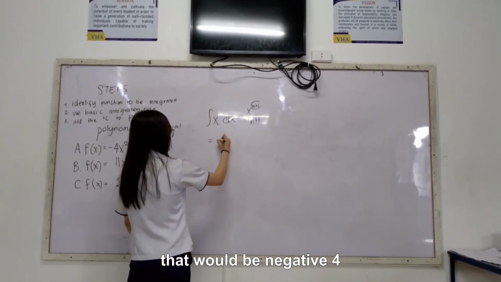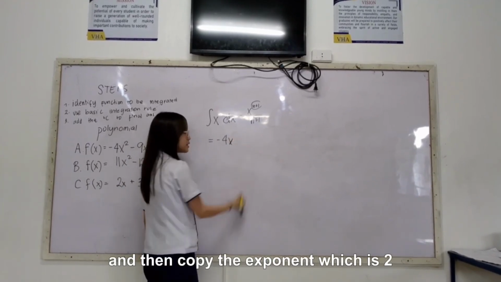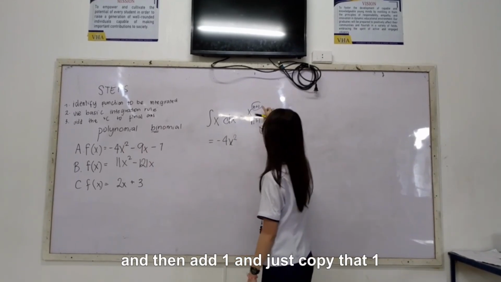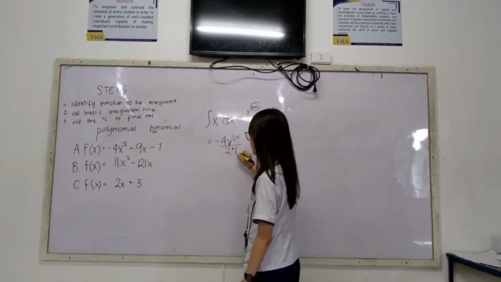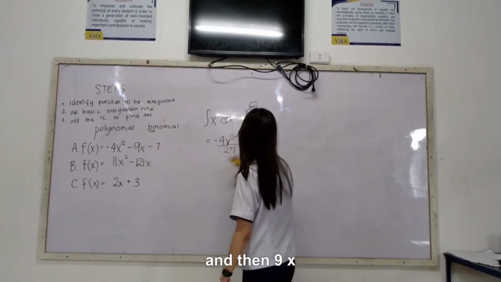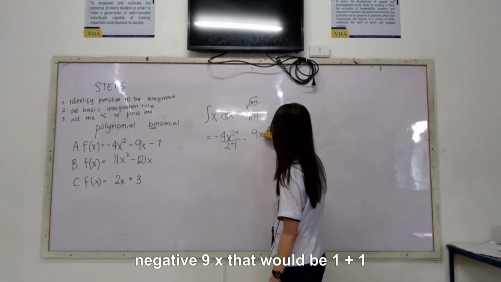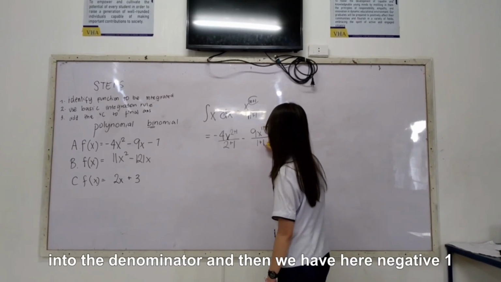That would be negative 4, and then copy the exponent, which is 2, and just copy that one. And then negative 9x, that will be 1 plus 1. Copy it into the denominator.